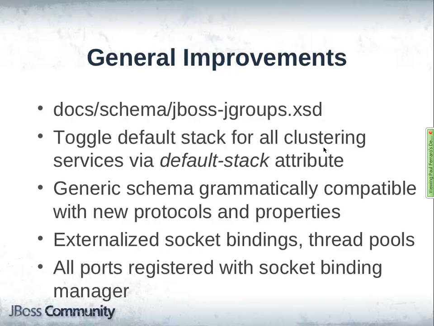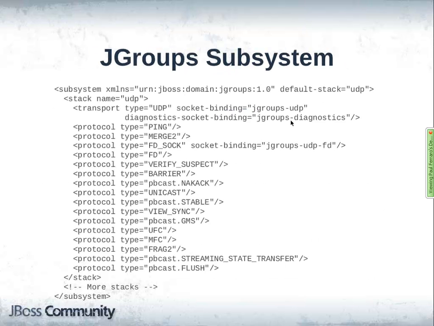Now in AS6 we sort of did that, but we leveraged system properties so that every clustering subsystem would define the stack that it was using by a system property, which could be used to toggle the default protocol stack for all the subsystems on a given server. In AS7, there's a default stack attribute which says, okay, all of my clustering subsystems are going to, by default, use the UDP stack. If you want to switch to TCP, you change it in one place.